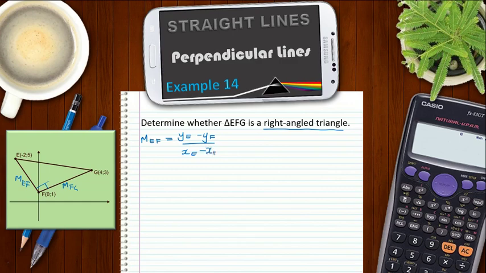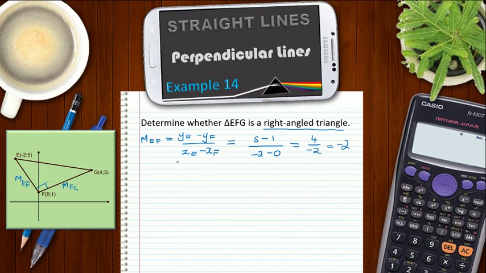If I substitute in these values, I get 5 minus 1 over -2 minus 0, and if I simplify, I get 4 over -2, which gives me -2.